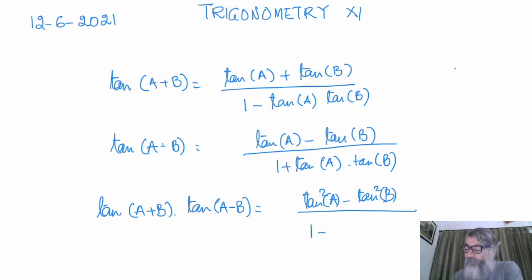So 1 minus tan square A tan square B. This is the formula which you must also learn.